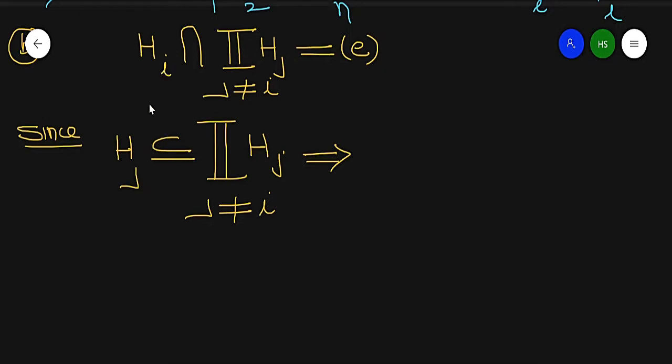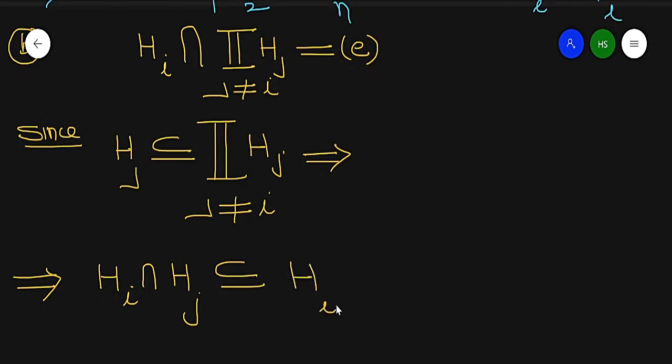So Hi intersection Hj is a subset of Hi intersection the product of Hj, j not equal to i. So what is this? It is the identity.